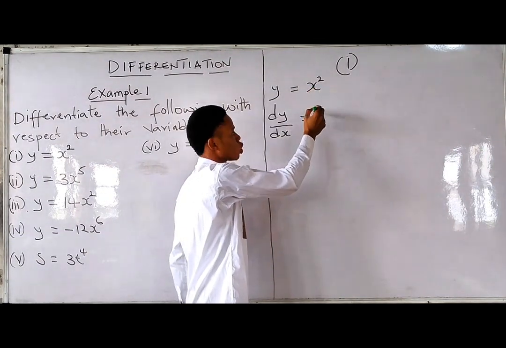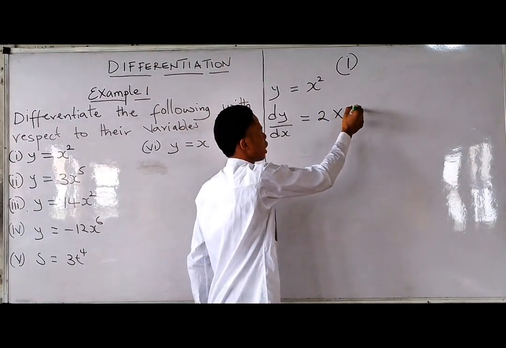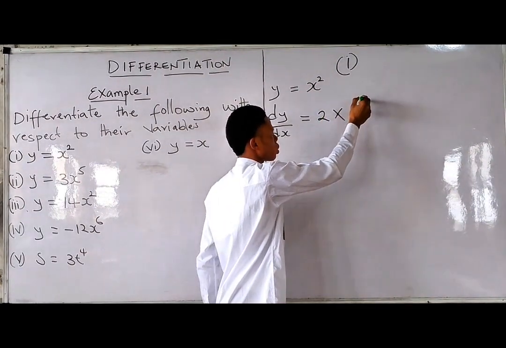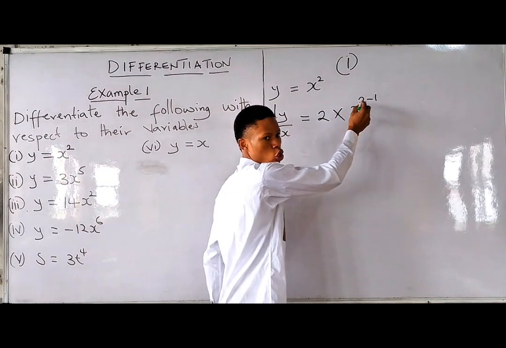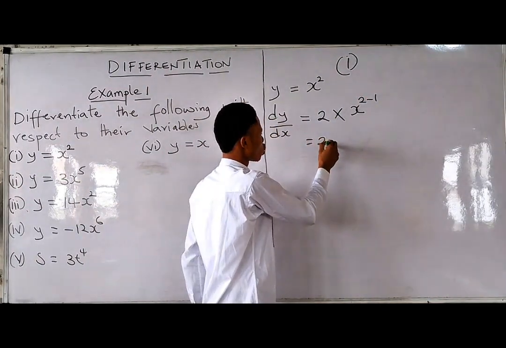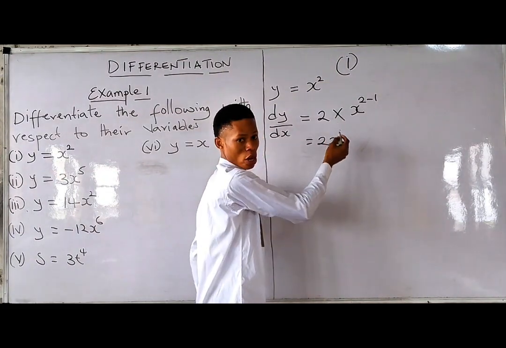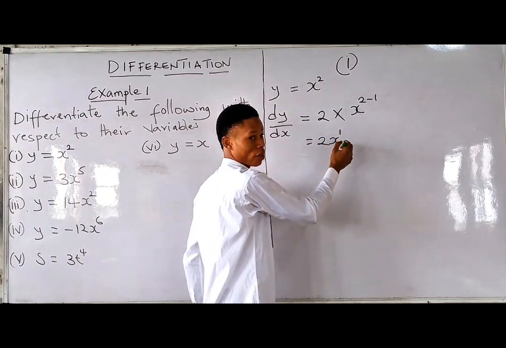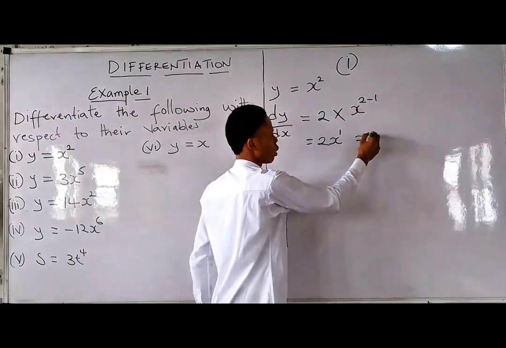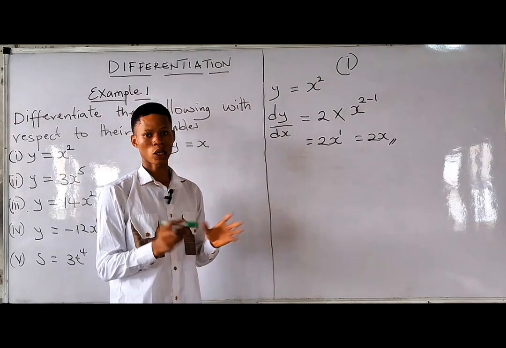So we'll be having 2 times, nothing is here, now x raised to power 2 minus 1. You subtract 1 from anything you have as the power. So we are left with 2x raised to power 2 minus 1, which is 1, right? So 2x raised to power 1, which is same thing as saying 2x, right? That's the answer.